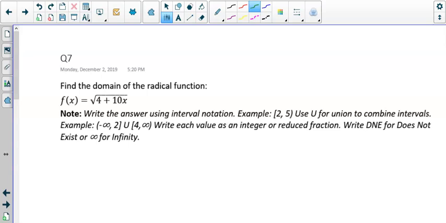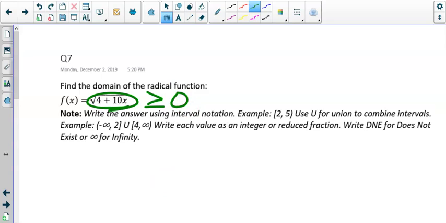Can I be 0? If I have the square root of 0, is that okay? Yeah, we can have a square root of 0. What is the square root of 0? 0. I got an answer. That's okay. So, in this, you take whatever's under here, and you set it greater than or equal to 0.